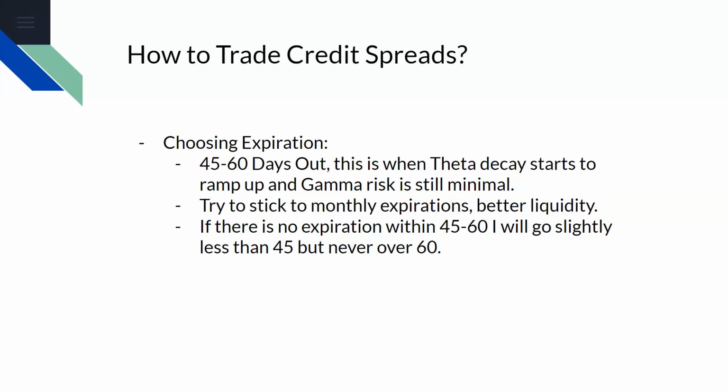The CBOE has a lot of data showing all of this, that the best period to capitalize on theta decay is between 45 and 60 days. When you go out past 60 days, theta decay greatly reduces. And when you go below 45 days, you don't have enough time to truly capitalize on that theta decay.